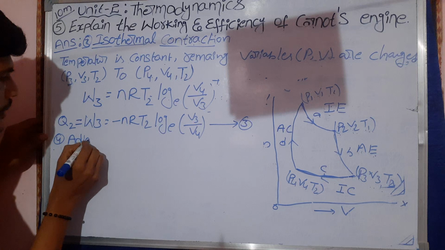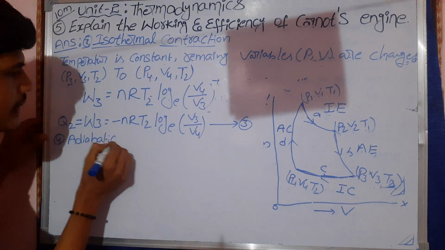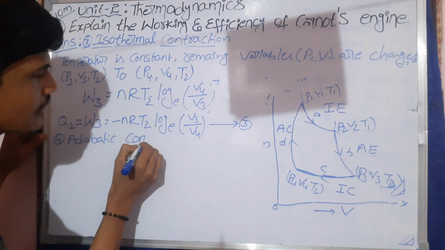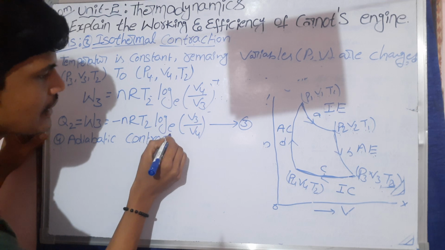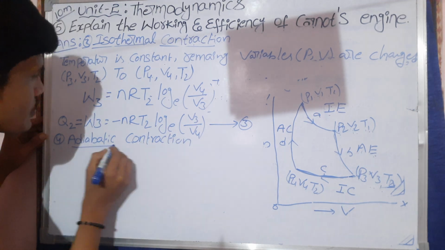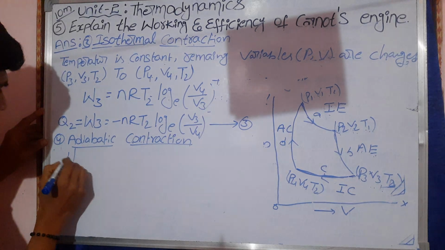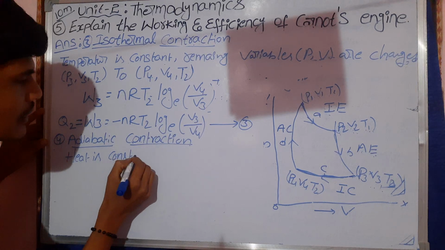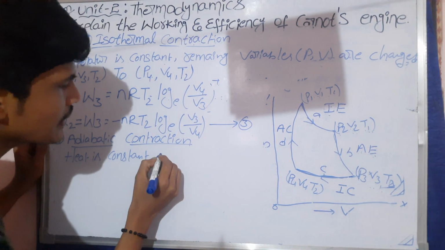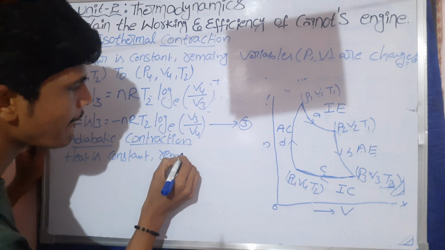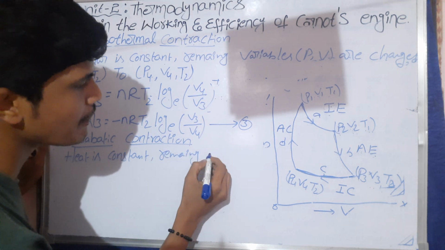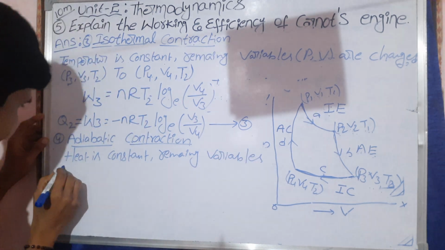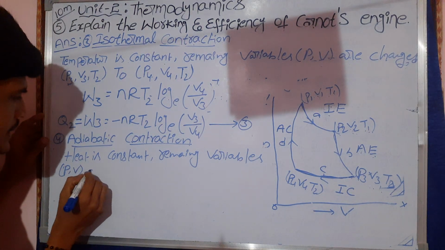Step 4, adiabatic compression or contraction. Adiabatic means heat is constant, so Q does not change, and the remaining variables are changed.